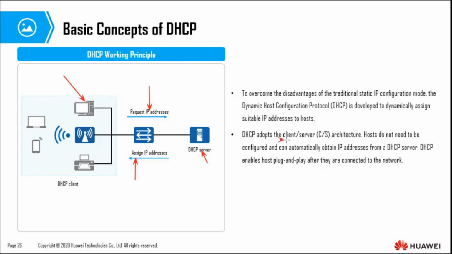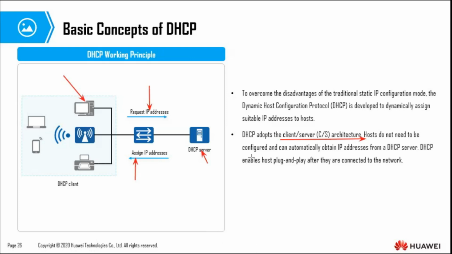So DHCP, just like the other protocols we've looked at, adopts the client server architecture. So whoever is requesting the IP address, the hosts are the clients, but you'll have a workstation in your network that you'll configure as a DHCP server, so that it can assign IP addresses to your clients.